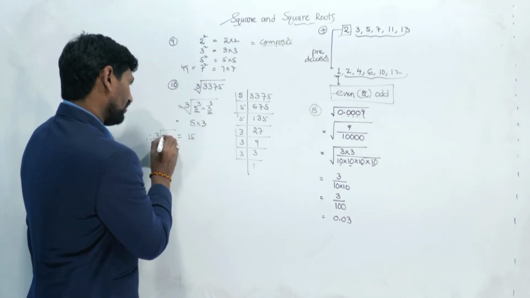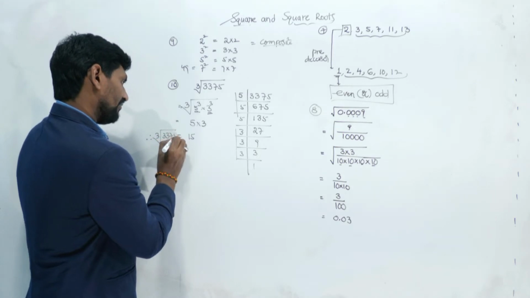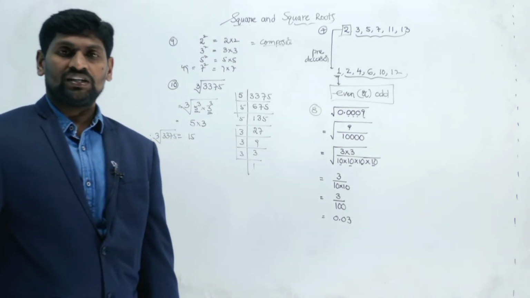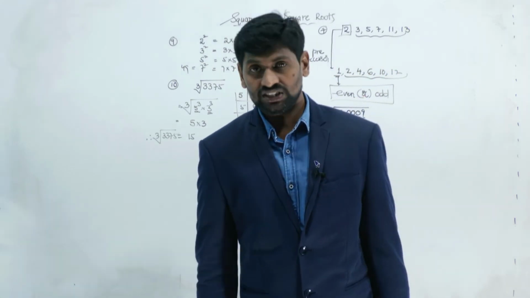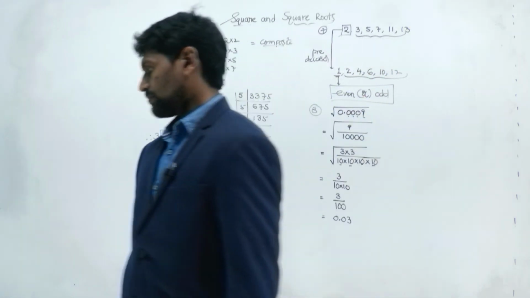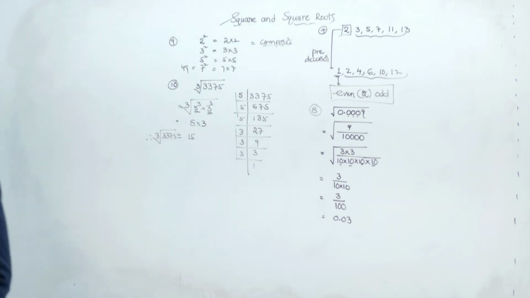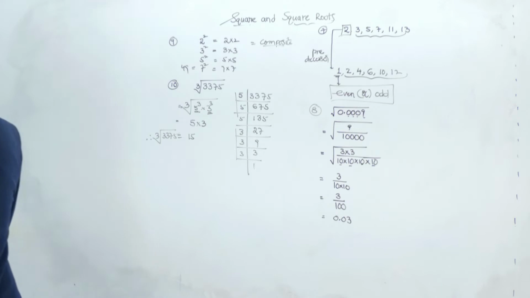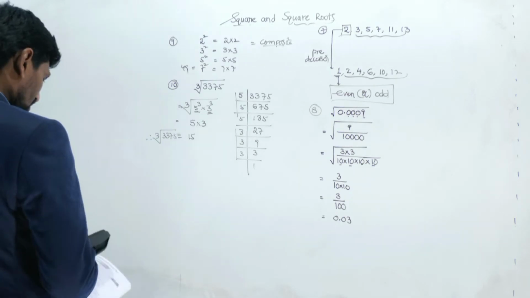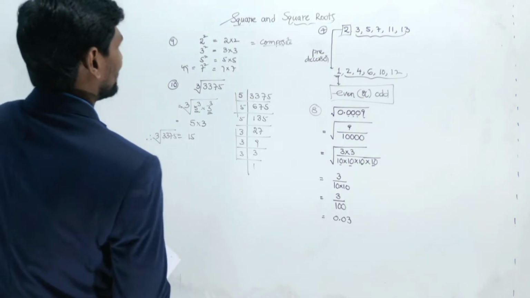Therefore the cube root of 3375 is 15. That means 15 into 15 into 15 is 3375. So the practice sheet is completed.